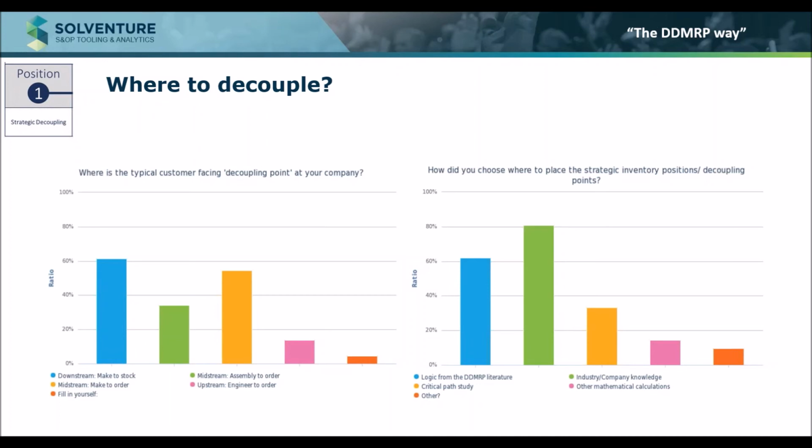This is one of the first areas in which we like to do future research as Solventure, also within our organization, because this seems to be a very critical point. It's a critical building block within DDMRP, and you don't want to just rely on the industry experts or the planners to decide where the decoupling points are. So I think that's definitely something that we want to explore more in the future.